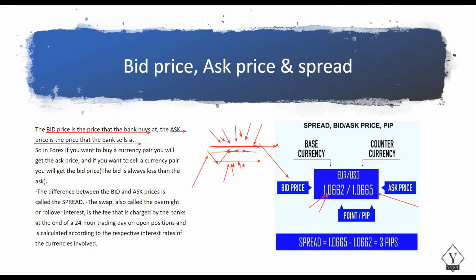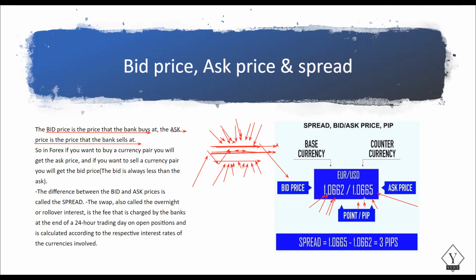Because this is the bid price of the broker, which you're going to buy at. And this is the ask price of the broker, which you are going to sell at if you decide to sell the market, even though price is currently floating around here, right? What the broker is showing you is their buy price and their sell price.